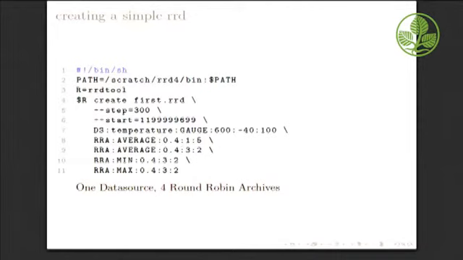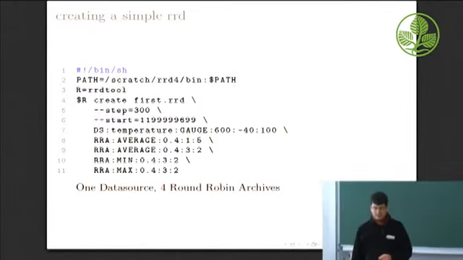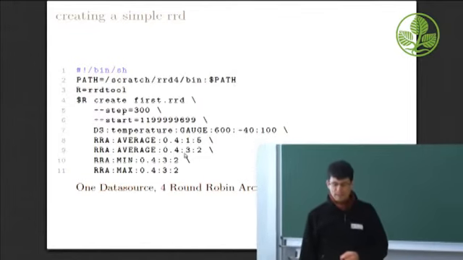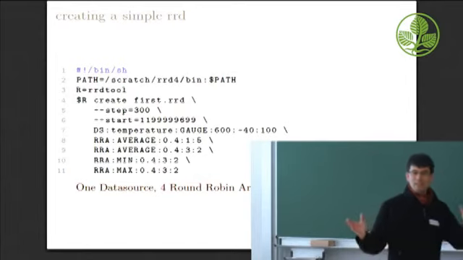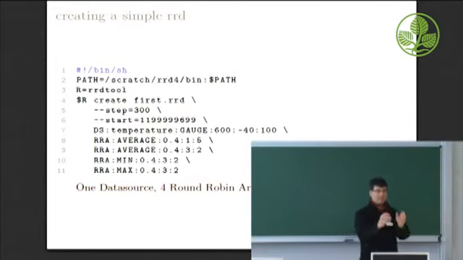Every 300 seconds, it stores one sample in its archive. The second archive stores one sample every 3 samples. And it does that for 2 samples. So it's a very short guy. It's consolidating 3 samples into one and then storing it.